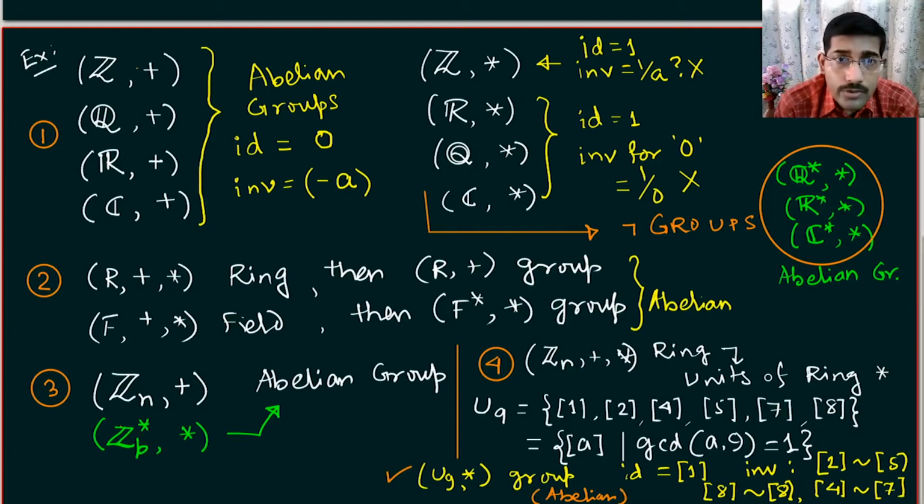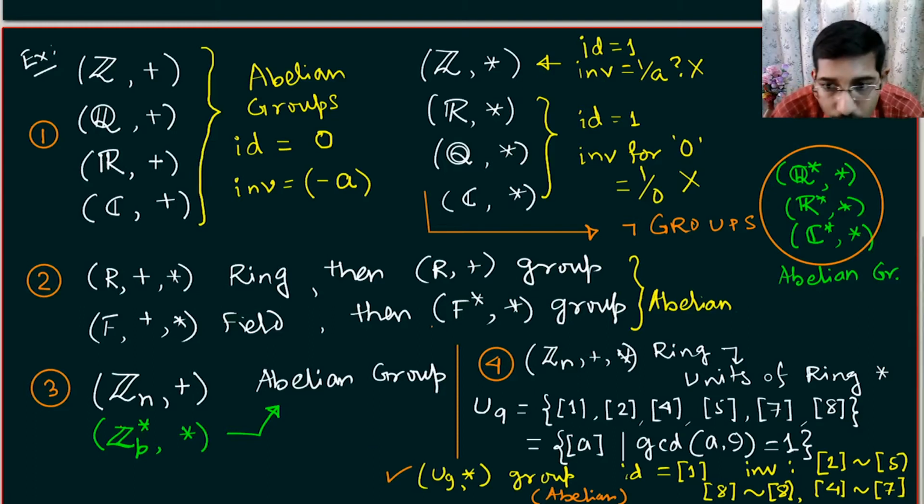So the set of integers, reals, rationals, complex with plus; non-zero reals, rationals, complex with star. Then if it is a ring, R plus; if it is a field, the non-zero elements of the field with star. Modulo n, all possible equivalence classes with plus, and all possible equivalence classes of prime p, non-zero, with star. These are all.